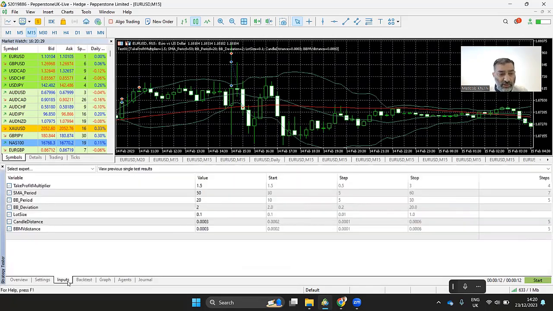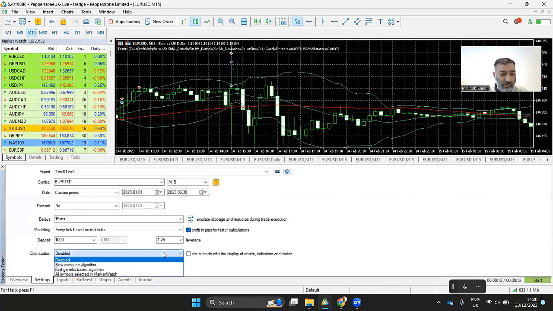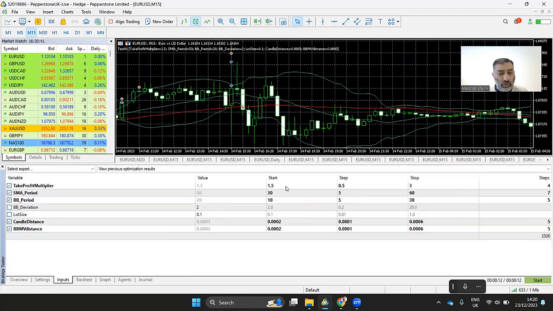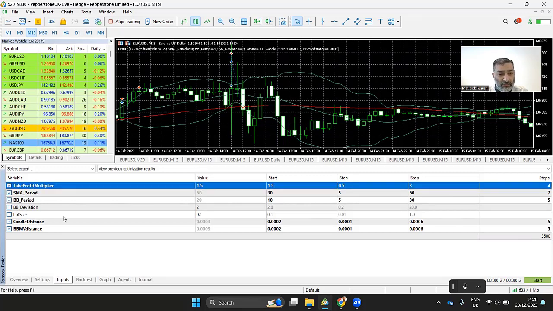Another very interesting setting that you'd like to explore is either the complete algorithm or fast genetic algorithm. That's where you can set a lot of parameters for all of your inputs. For example, I can test my robot for different settings. The first setting is my take profit.